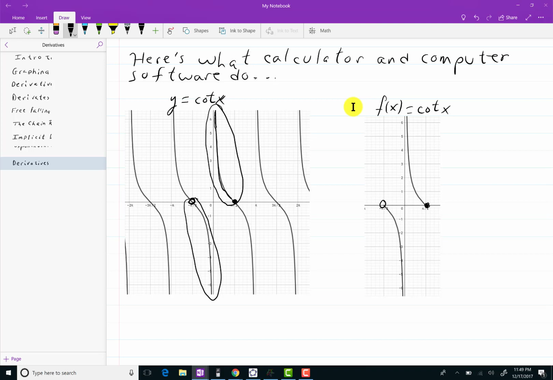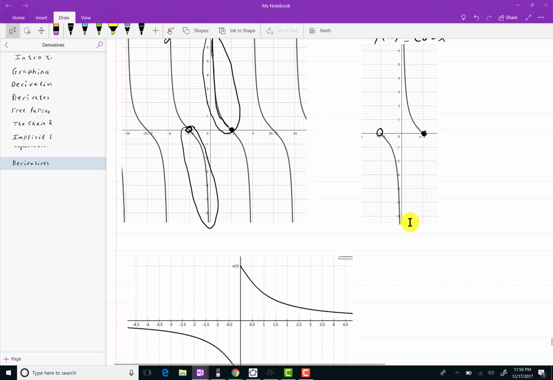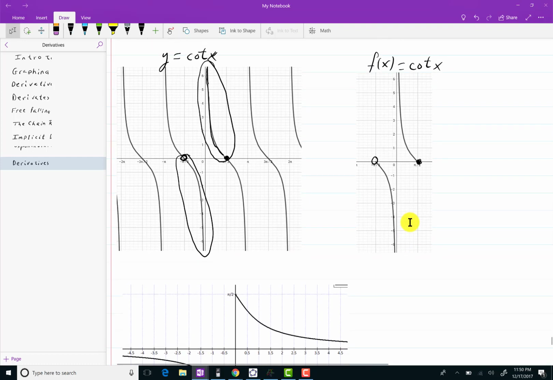Then, when you flip it about the line y equals x, this is what you will get. So I'll kind of put them on the same page here. For their version of cotangent of x, the domain is negative pi over 2 to 0, union 0 to pi over 2, but it includes that one. And the range is negative infinity to infinity.